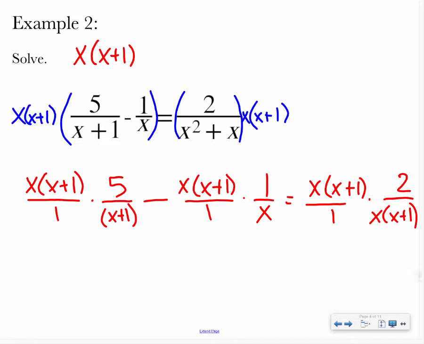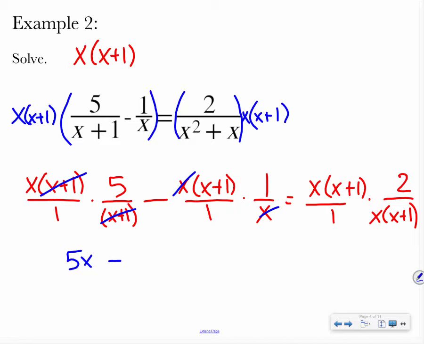Alright. Let's go back over to the far left-hand side of this equation and start looking at things that can cancel on the diagonals. I see I have an x plus 1 and an x plus 1. So that means this first term just becomes 5x. And then I carry my subtraction symbol. I see I have an x and an x.